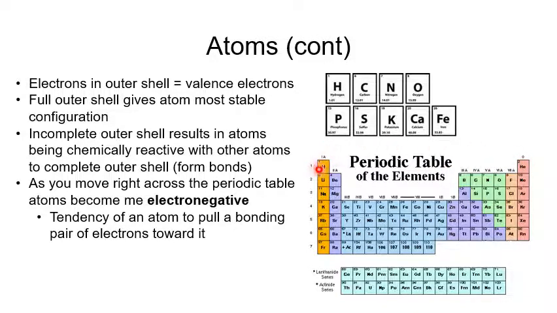So this shell is filled, but then it has 1 electron in the 2s shell. Okay. And so if you want to think of it, these atoms want to be similar electron-wise to these noble gases here.